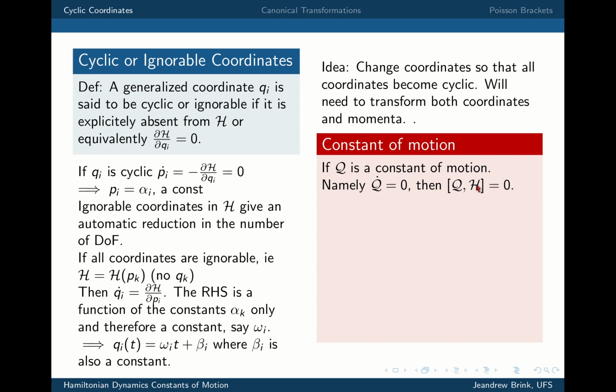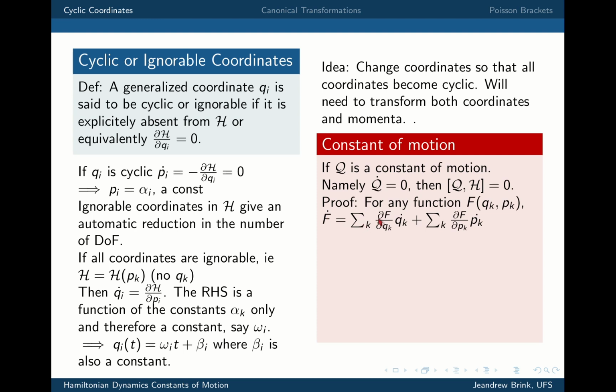So all I want to simply prove to you now is that if we have this thing that's constant, in other words, we have some function of q and p, and in two dimensions it's like 4 variables, in higher dimensions it's more, and it doesn't change along the trajectories, then it commutes with the Hamiltonian. And the way that you work that out is simply if you have any function of coordinates and momenta, you work out f dot, you simply use your chain rule.